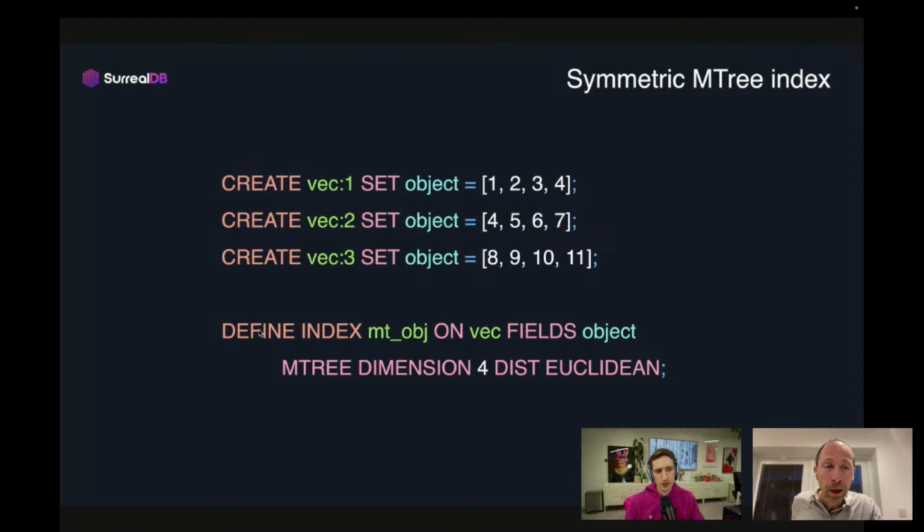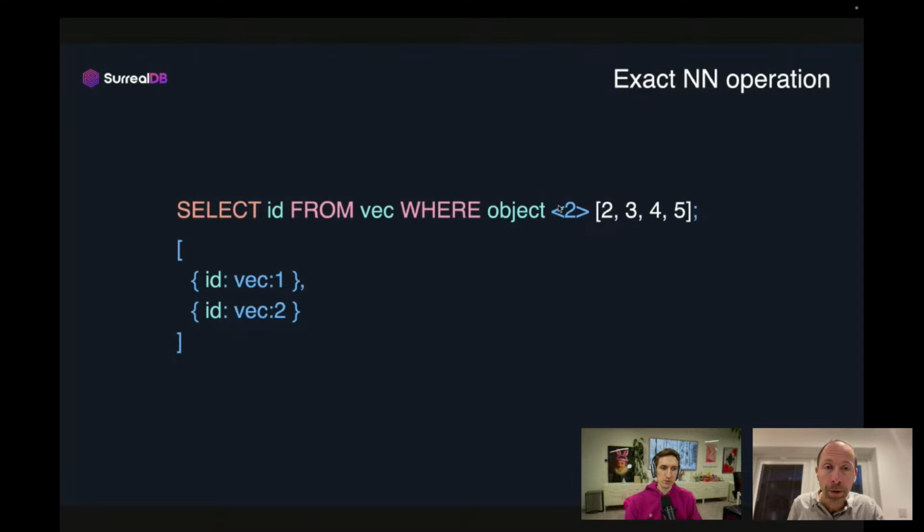Okay, brute force, and then the symmetric M3 index is the one I was talking about just before, that we already released in 1.0.0, which is simply an index definition, and then you would use the KNN operator without having to put any distance because it's already defined in the statement.